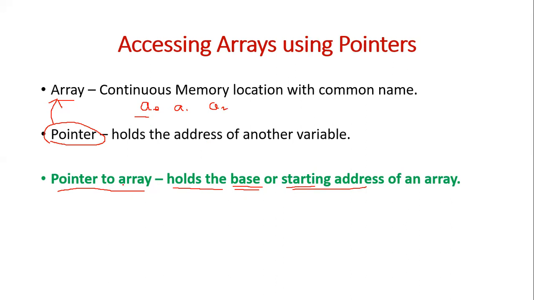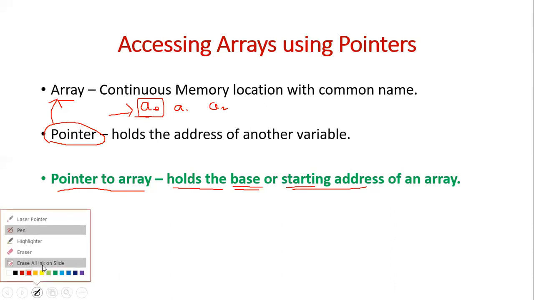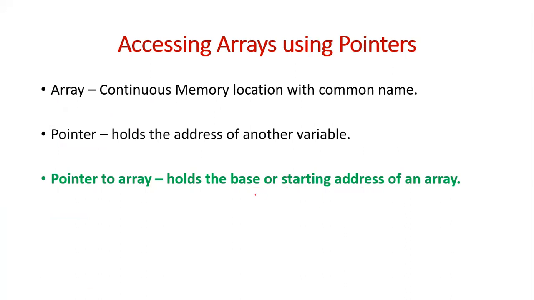So this pointer to an array should initially hold the starting address of the array, that is, the address of the first element, A of 0. If you have a pointer holding the base address of an array, then using that we can access the entire array contents, right? How to do that is what we are going to discuss.